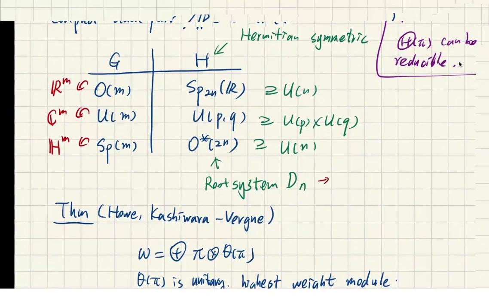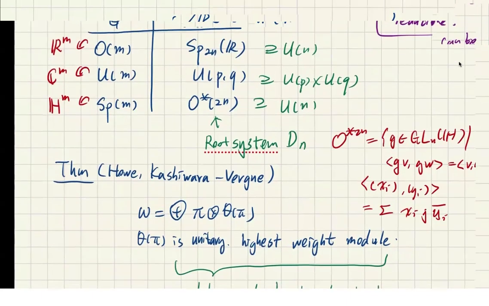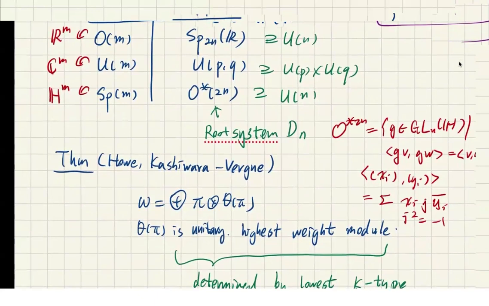O*(2n) is the group of g in GL_n(H) such that (gv, gw) is equal to (v, w), where this form I can write as (x_i, y_i) given by the summation of x_i j \bar{y_i}, where j squared is equal to -1 in the quaternions. So these x_i, y_i are all quaternions.